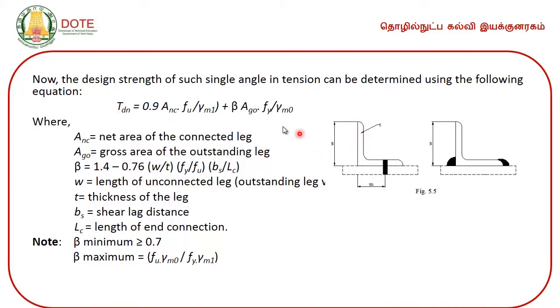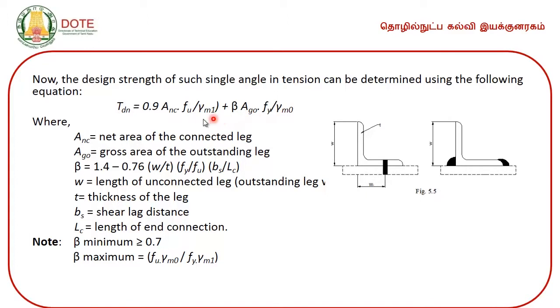So, the gross area of the outstanding leg, and again gross area is always associated with yield stress, and which is associated with the partial safety factor for the material under yield. So, again this is area into stress, and area into stress will give you load. This part of the equation will give you the tensile load carrying capacity of the connected leg, and this part of the equation will give you the tensile load carrying capacity of the outstanding leg.